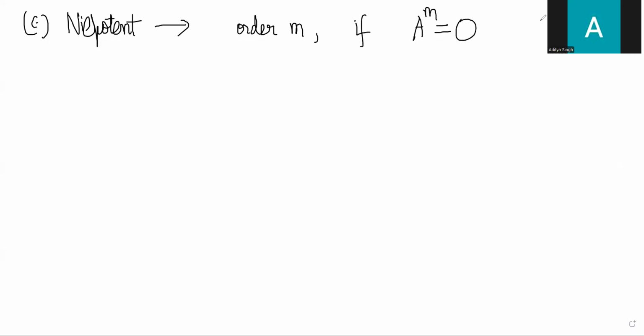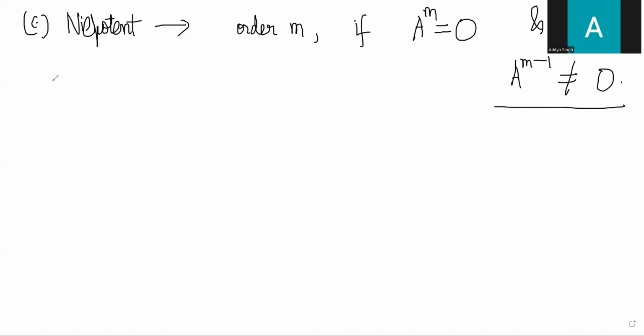The third one is nilpotent. And what this means is it is nilpotent with order m if a power m is the zero matrix and a power m minus 1 is not equal to the zero matrix.